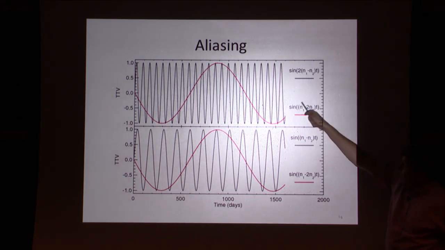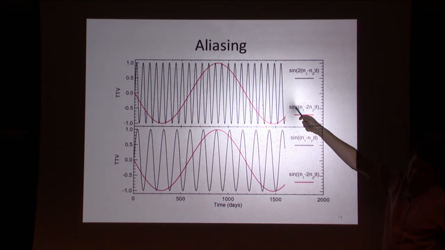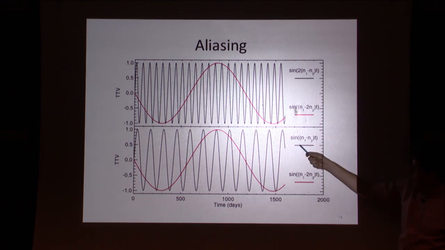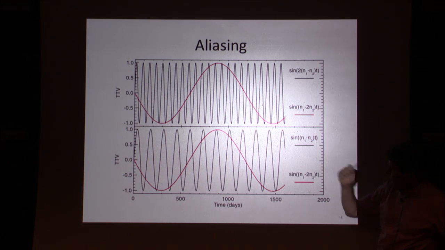And then I've also plotted the resonant term, and this actually is dependent on the eccentricity of the two planets. On the bottom, for the outer planet, I've plotted sine of (n1 minus n2) times time, so the difference in frequencies times time, and then sine of (n1 minus 2n2), the resonant term, times time in red.